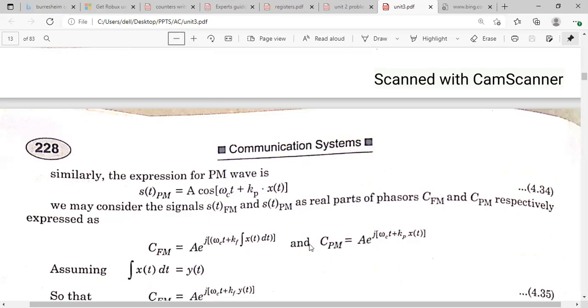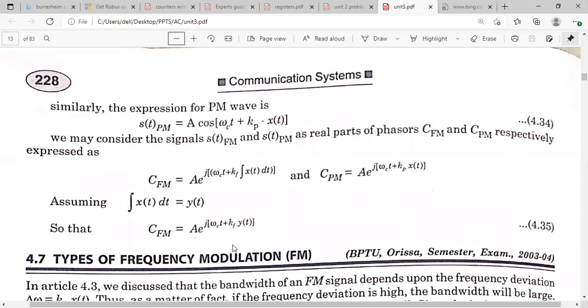For simplification, we take the integration of x of t dt as y of t. So you can write the FM wave as A into e power j of omega ct plus kf into y of t, where y of t is the integration of x of t dt.